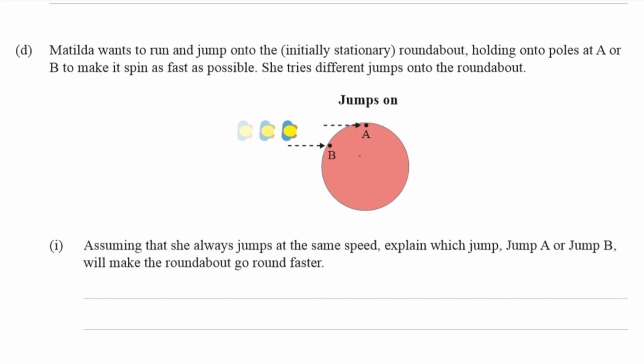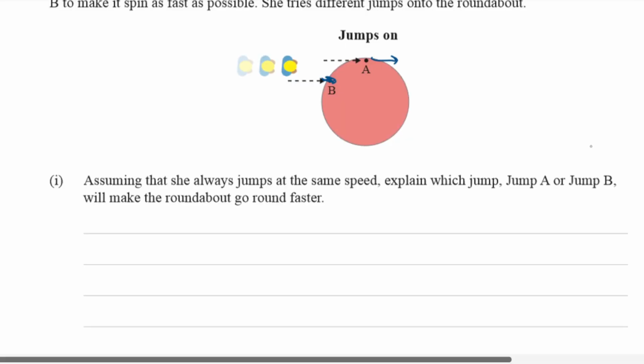I would probably jump at A, because it looks like the component of the jump is more perpendicular, so it'll want to rotate more, whereas this one is less so. So Part 1, assuming that she always jumps at the same speed, explain which jump will make the roundabout go faster.